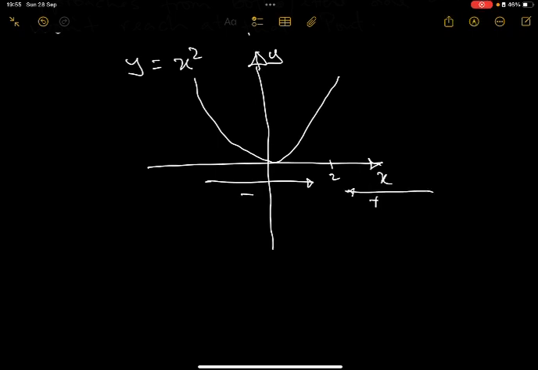So we know that the limit at point 2 is equal to 4, because if we put 2 in this function, we'll get 4. But we want the values that are behind 2.